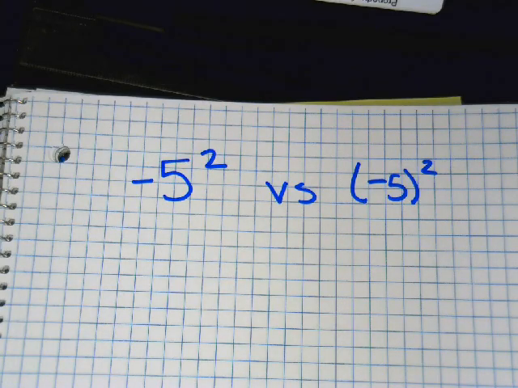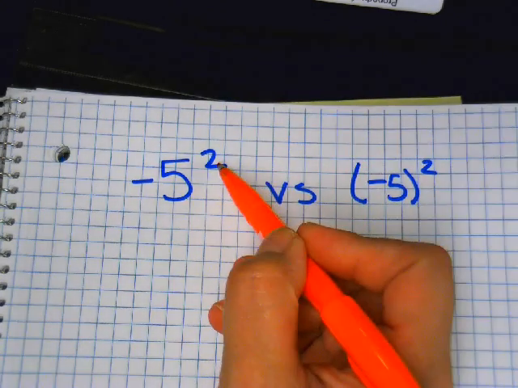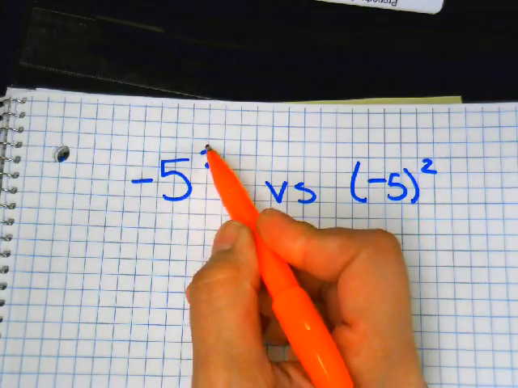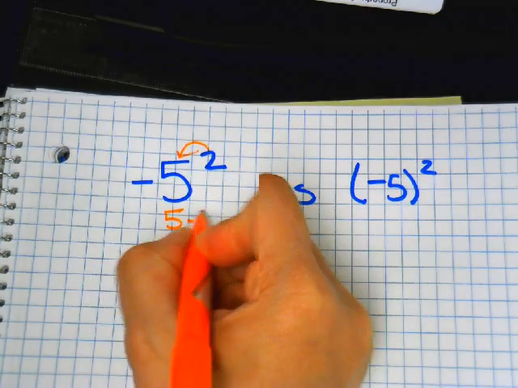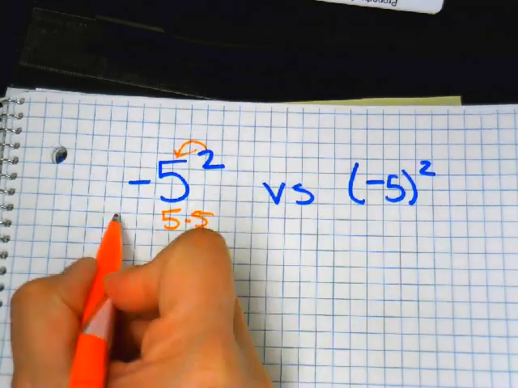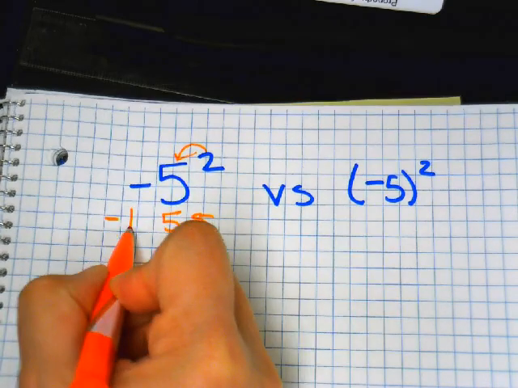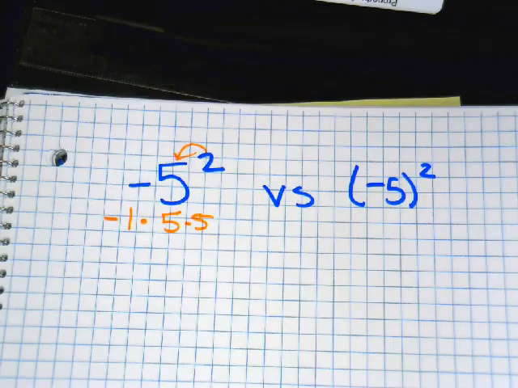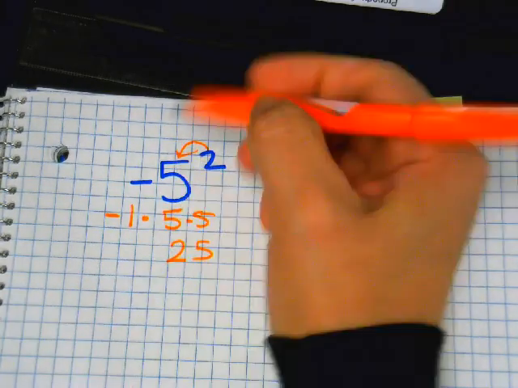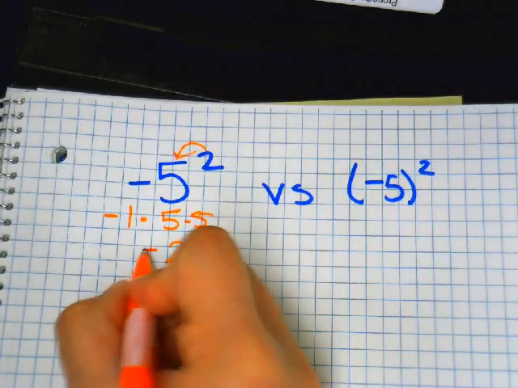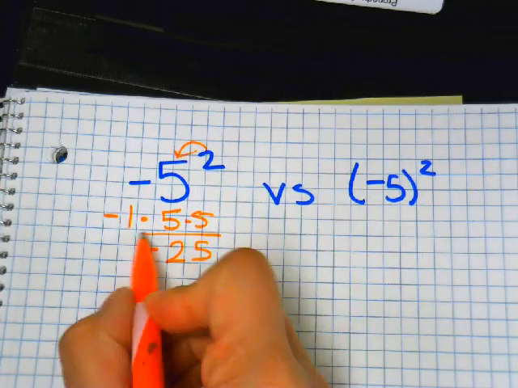So this to the power of 2 is connected just to the 5. So it would be 5 times 5 with a negative outside. 5 times 5 is 25, but there's an invisible 1, so it would actually be a negative 25.